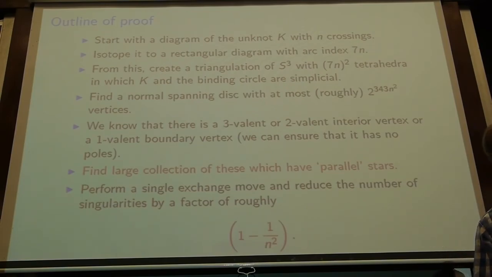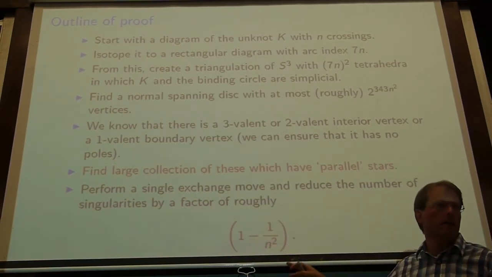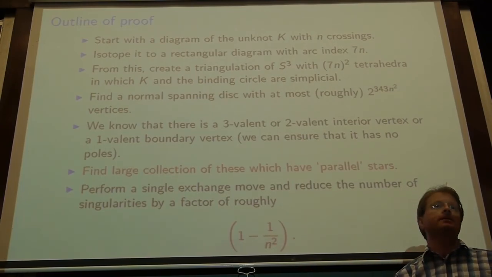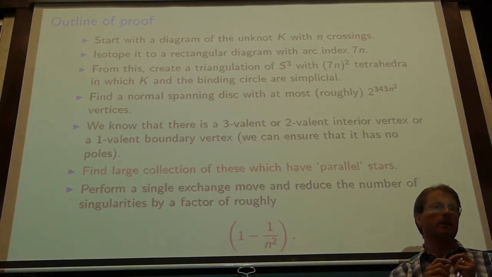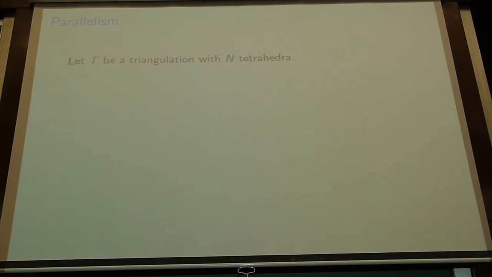Okay? Now you don't do it by a definite factor, it's not by 1%. It's by this much. Well, even this is a lie actually, but let's say it was this much. Then after polynomially many steps, you would have reduced it down to nothing. Okay, so that's what we're trying to do.